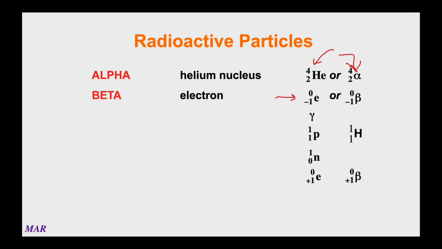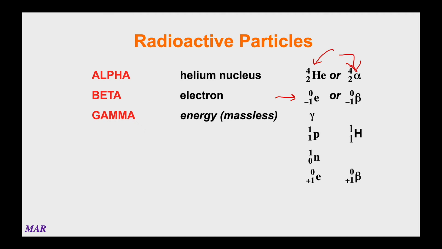Either one is fine. The next one is a gamma ray, and really this isn't a particle, so that's why I made the kind of silly comment earlier how they're not really radioactive particles. But anyway, gamma is literally gamma radiation. It's pure energy. It's the highest energy found on the electromagnetic spectrum. We talked briefly about gamma radiation in Chem 221. We're going to formalize it.